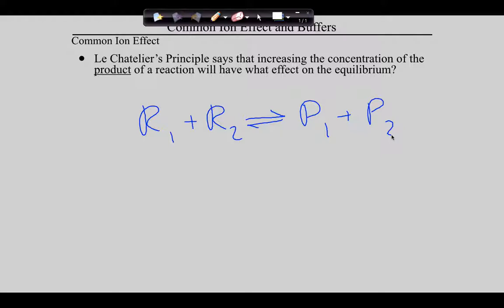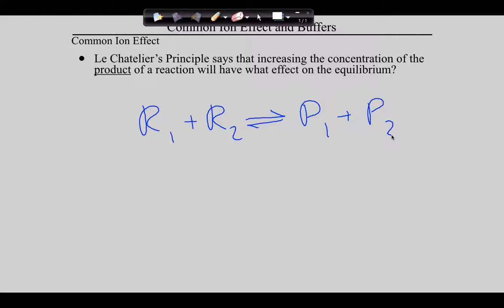What are other ways that we could say that same thing? Great. And so the concentration of reactants will go up, compensating for the stress. Go ahead, Brandon.